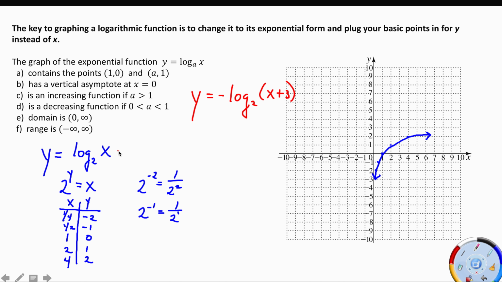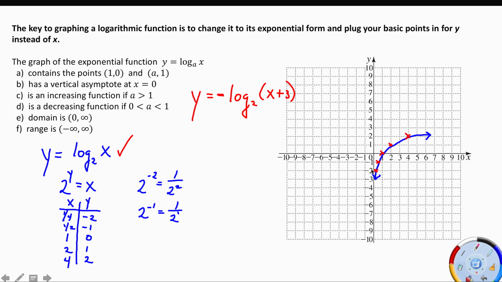So I've got to graph this basic function, or the basic points, right? Not really graphing that function, but I want to get my basic points. And then I'm going to take every one of those points, move it left 3, and flip it over the x-axis, or multiply the y value by negative 1.